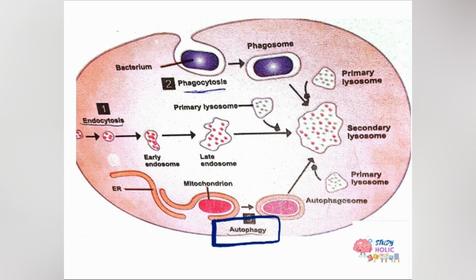Let's talk about what autophagy actually is. The process by which unwanted structures within a cell are engulfed and digested within the lysosome is called autophagy. The autophagy process is basically known as a self-eating process, in which the lysosome begins to eat the cell's own contents. And when does it happen?